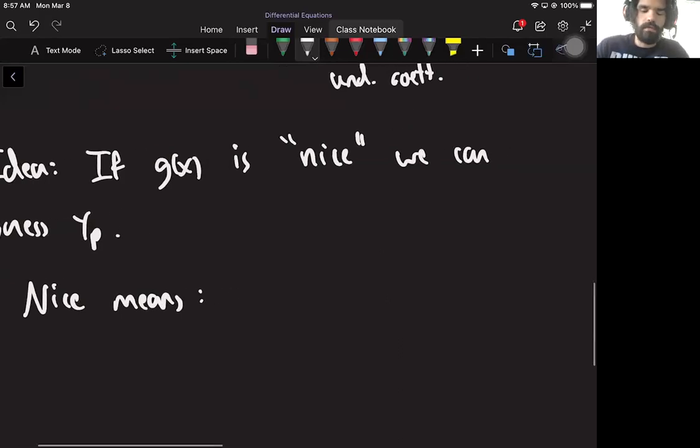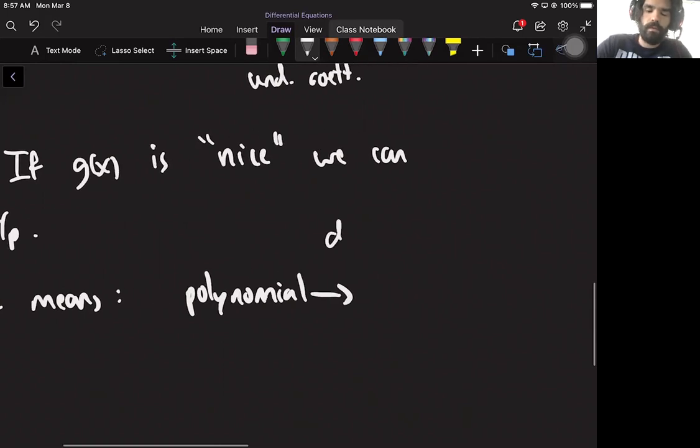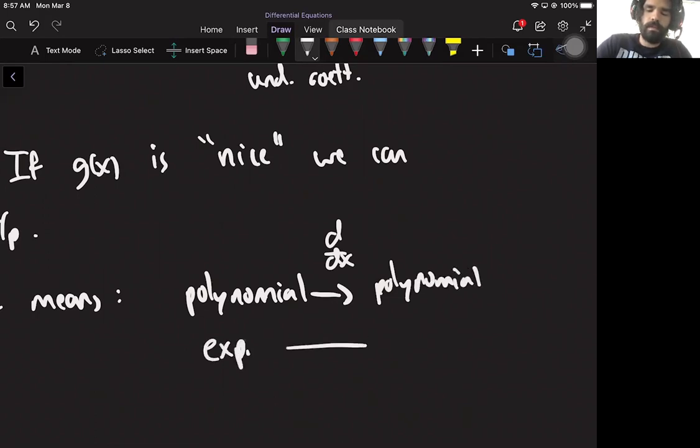Well, if I take a derivative of a polynomial, then it's going to turn into another polynomial. And if I take a derivative of an exponential, it'll turn into an exponential.